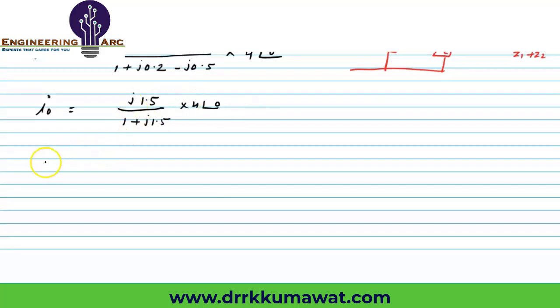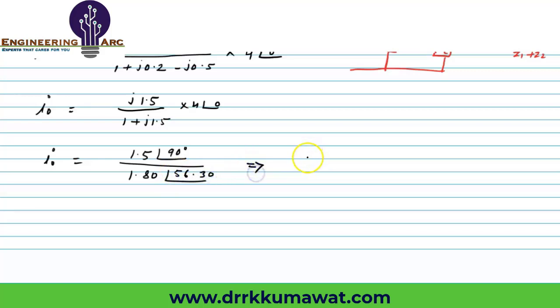So it is clear. By solving this equation, the magnitude of the numerator will be 1.5 and the phase angle will be 90 degrees, and the magnitude of the denominator is 1.80 and the angle will be 56.30.